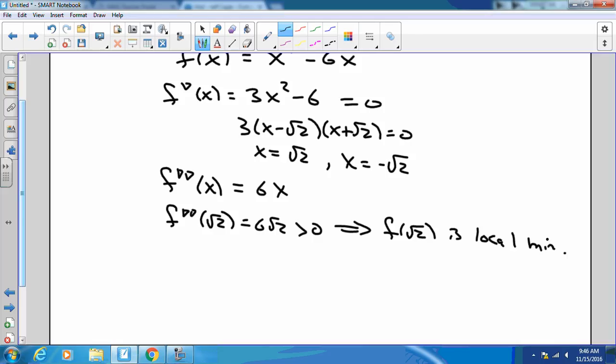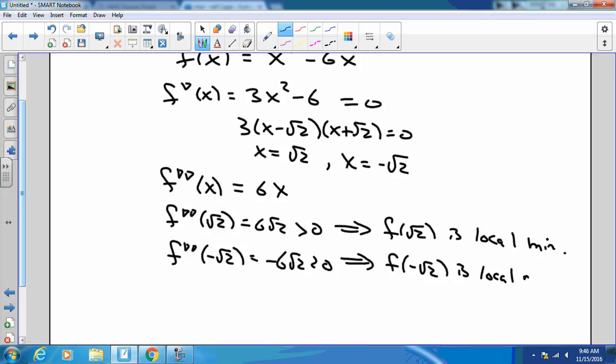We get a value greater than 0 here, and we appeal to the second derivative test to say that f of root 2 is a local min. And there you go. What are the advantages and disadvantages of using the second derivative test here compared to the first derivative test?